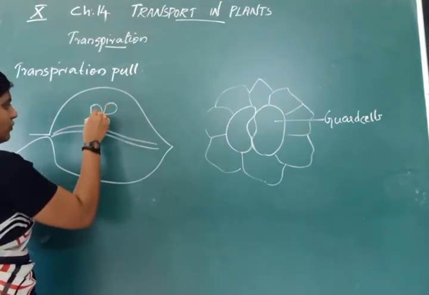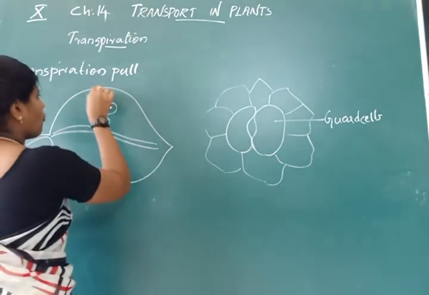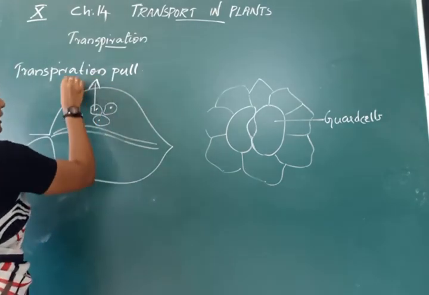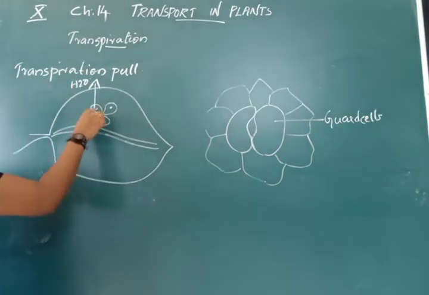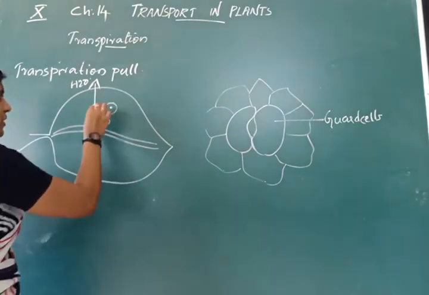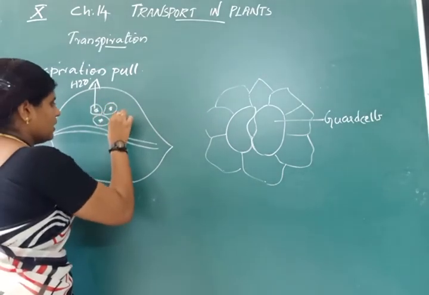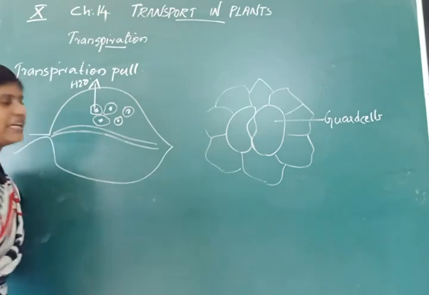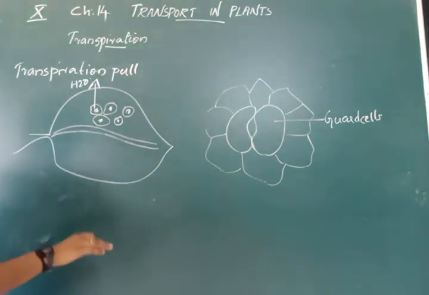These are mesophyll cells. Water will be evaporated from the mesophyll cells.